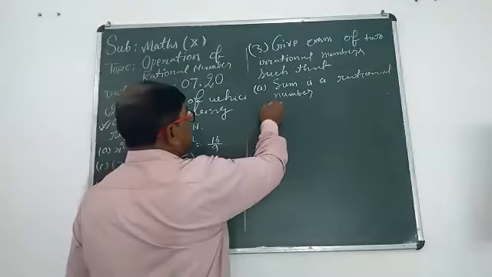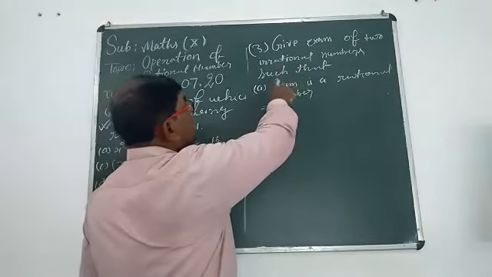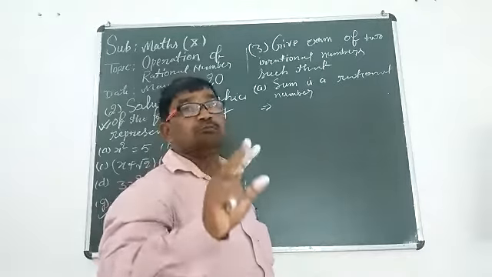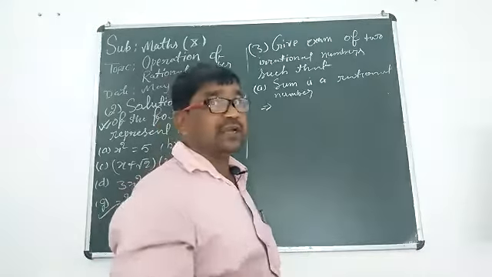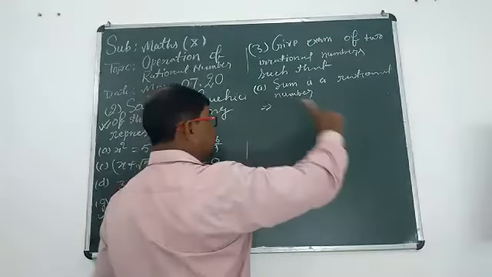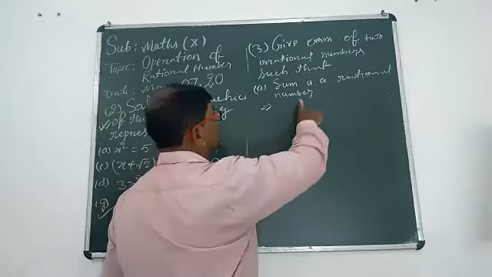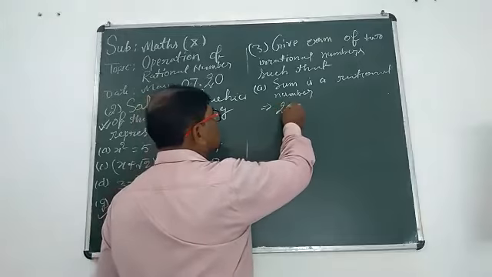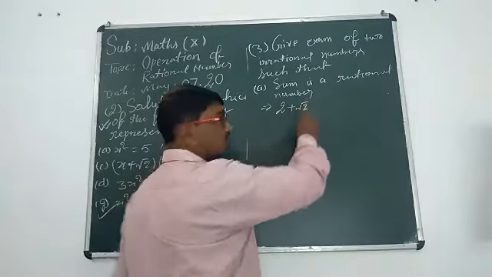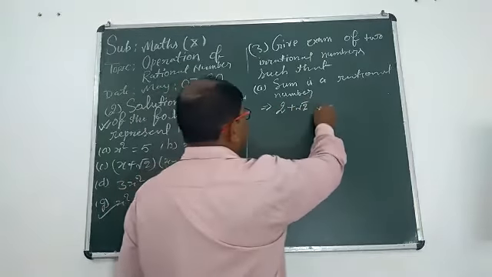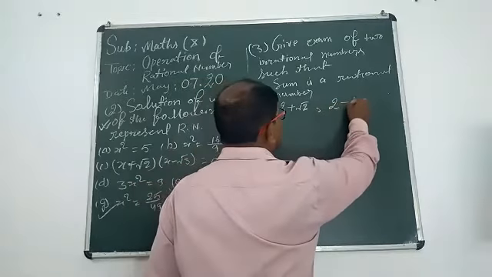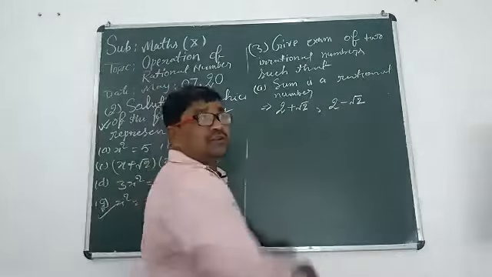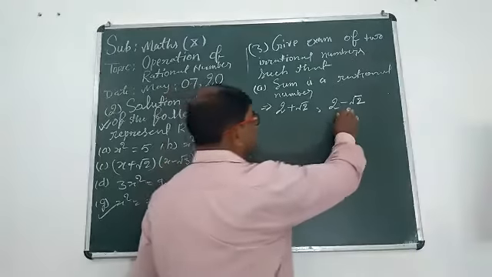Mind the question: give an example of two irrational numbers such that the sum is a rational number. You have to give two irrational numbers whose sum will be rational. How can you give an example? Suppose 2 plus under root 2, and the second 2 minus under root 2. This is the first irrational, and this is the second irrational.